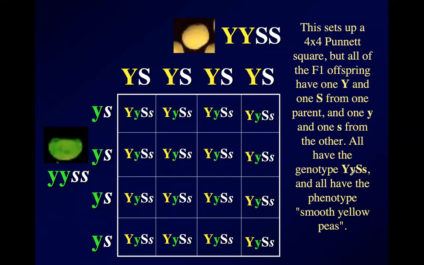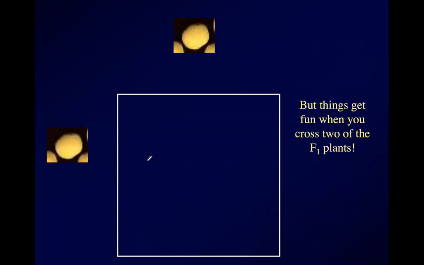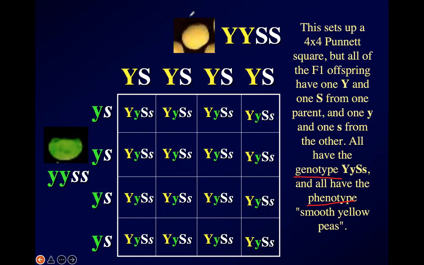Remember, genotype is the description of what alleles an organism has. Phenotype is a description of what it looks like. So if I ask you an exam question, what is the genotype? The answer is going to be some combination of letters.